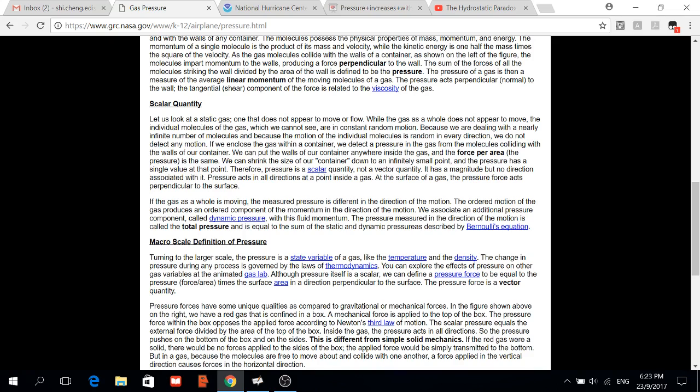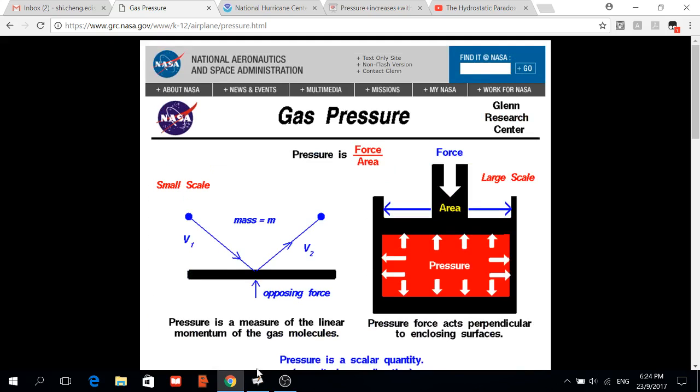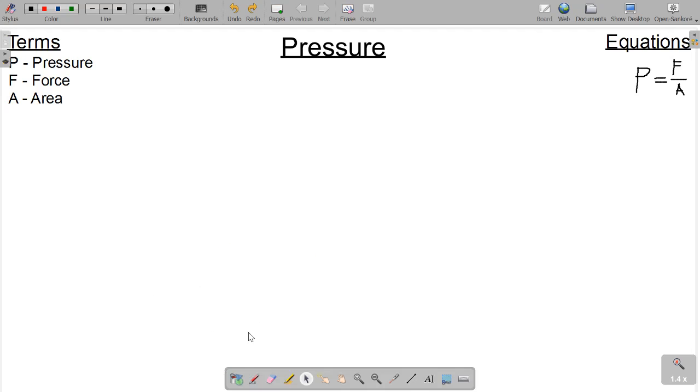You can keep shrinking the size of the container down to an infinitely small point, and the pressure will have a single value at that point. So what this means is that pressure has a magnitude, no direction, so it's a scalar quantity, not a vector quantity.